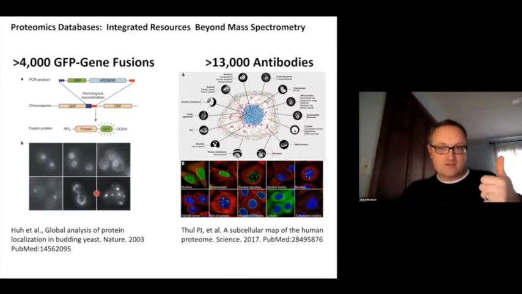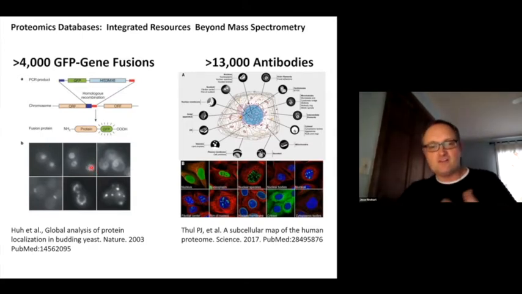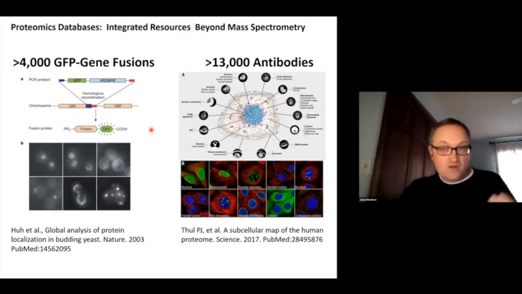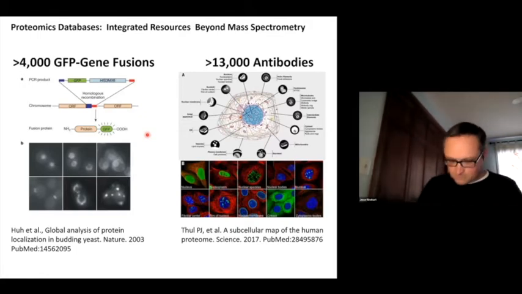Is the protein expressed? Yes or no? Where is it expressed? And so you can see all the different localizations. Here they're showing you the nucleus, the mitochondria. So here we have proteome level information without a mass spectrometer, and you're starting to learn more of the biology, and perhaps biology that might be difficult to get from a mass spec.